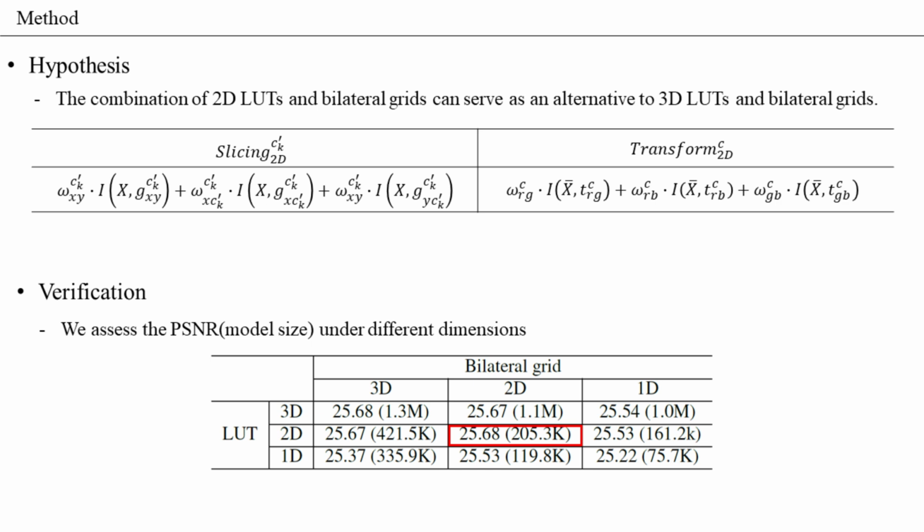To verify the hypothesis, we assess the PSNR and model size under different dimensions. When we change from 3D to 2D LUT and bilateral grid, the performance is maintained with significant model size reduction. In the case of 1D, there is a performance drop. So we decide to use the two-dimensional LUT and bilateral grid.